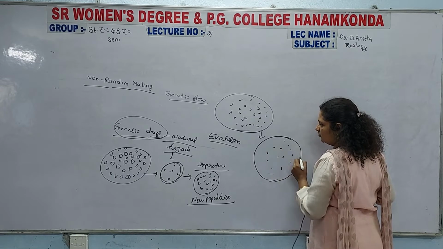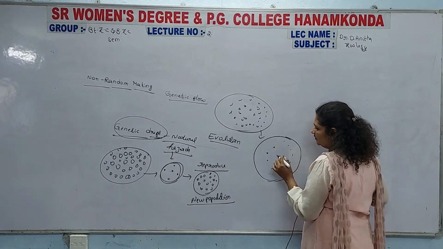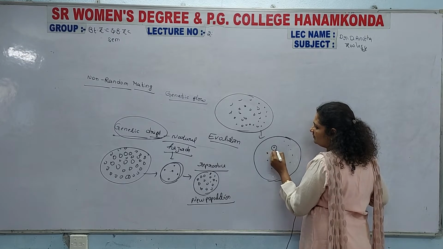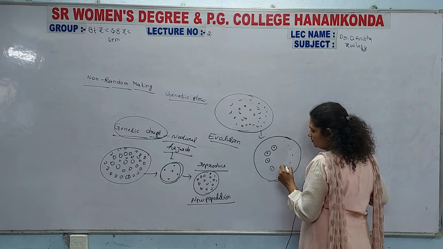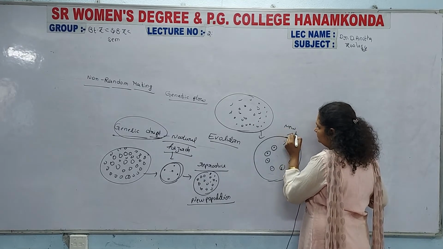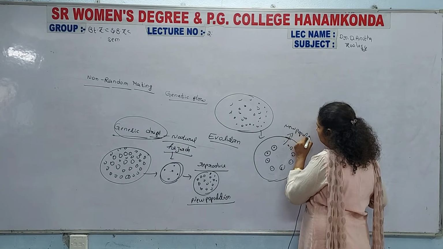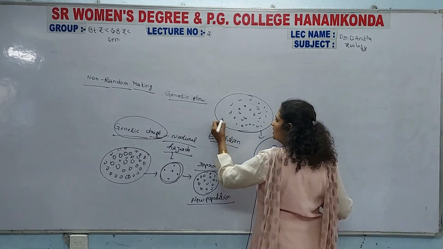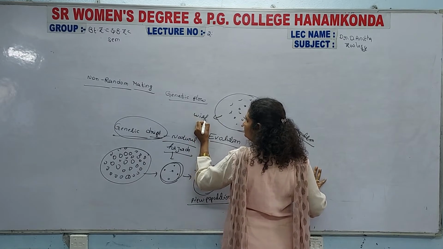That is gene flow. Only some of the organisms survive, and those survivors are converted again into a new population.